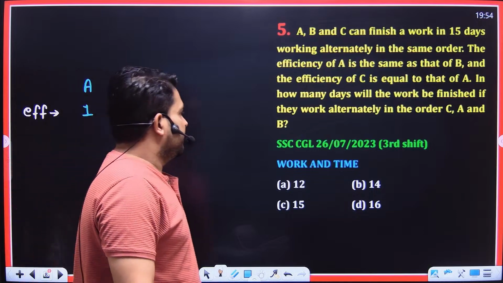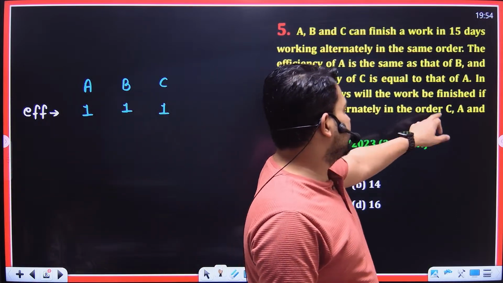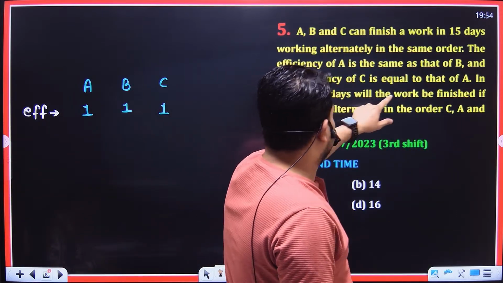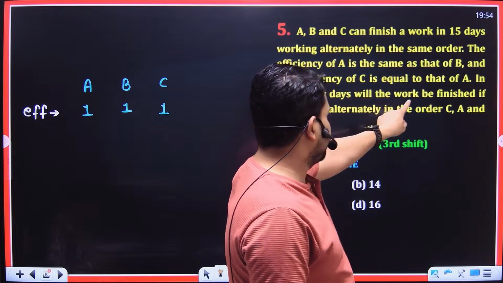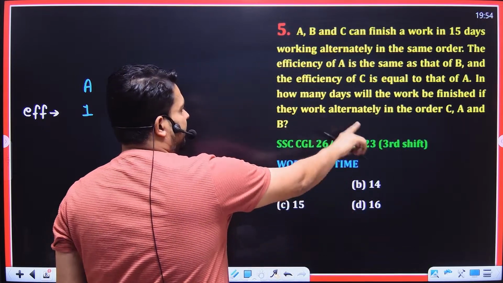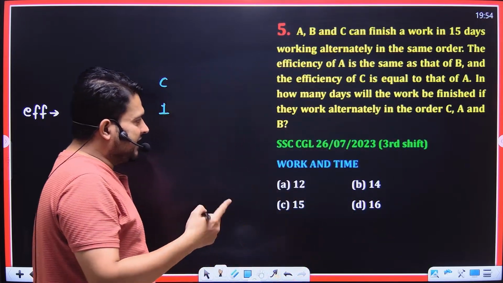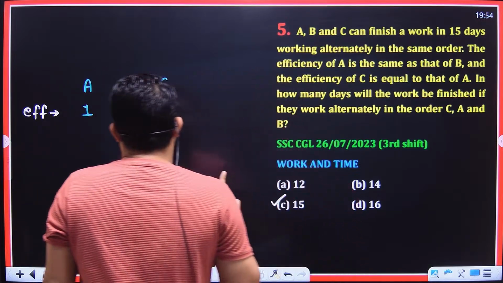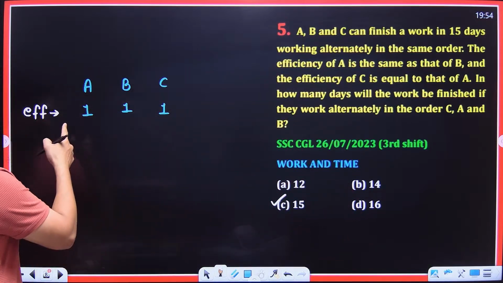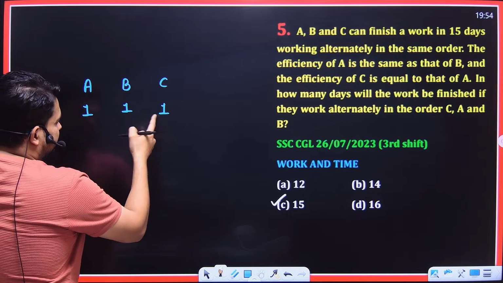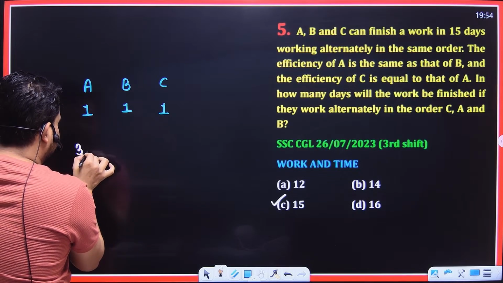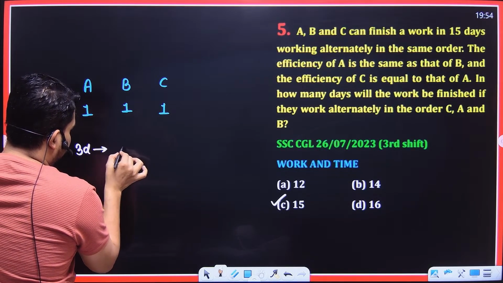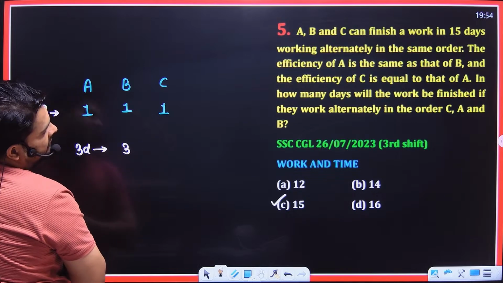So, if they work alternately in the same order, in how many days will the work be finished? If they work alternately in the order A, B and C, the answer will be 15. See, if on the first day A works, on the second day B works, on the third day C works, in 3 days we will do 3 work.